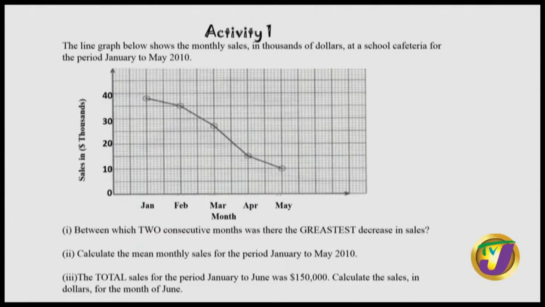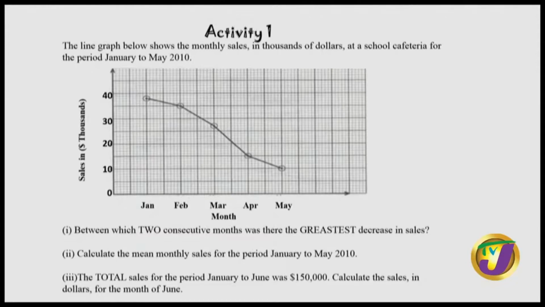Yes. So January, sales was $38,000. In February, we had $35,000. And in March, we had $27,000. Yes. In April, it went down to $15,000. And in May, it went all the way down to $10,000.